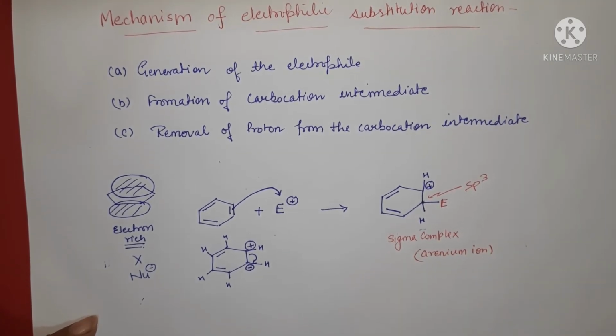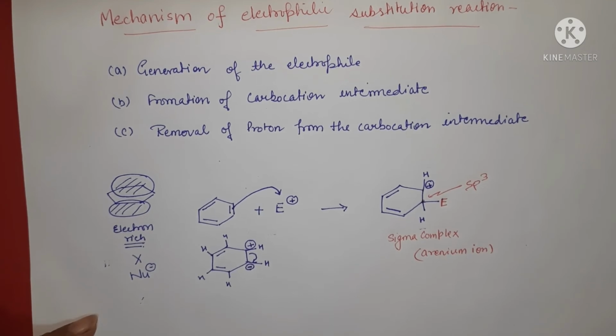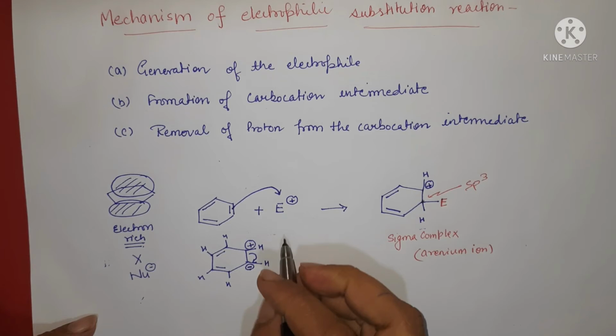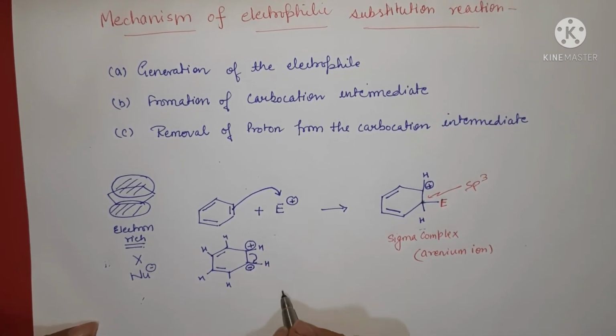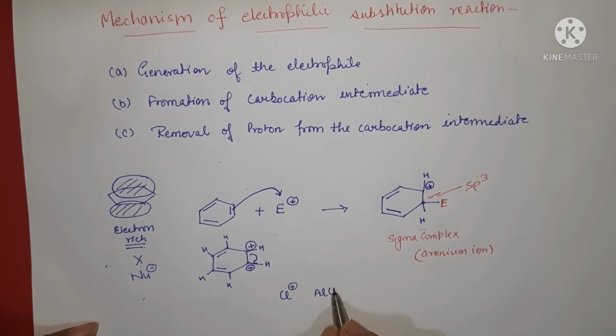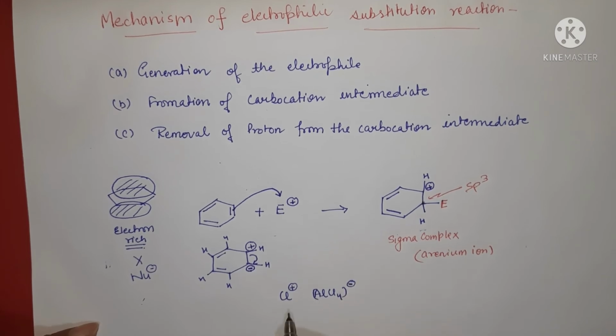All right, now the question arises: the reaction involves, for example, Cl positive and AlCl4 negative, which means the reaction has Cl positive and also Cl negative.